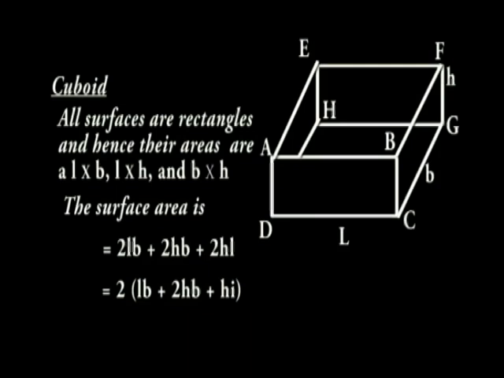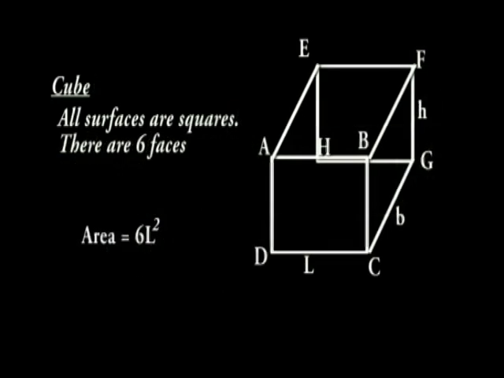Total surface area is 2 into LB plus HB plus HL. Cube. All surfaces are squares. There are 6 faces, hence the area is 6L squared.